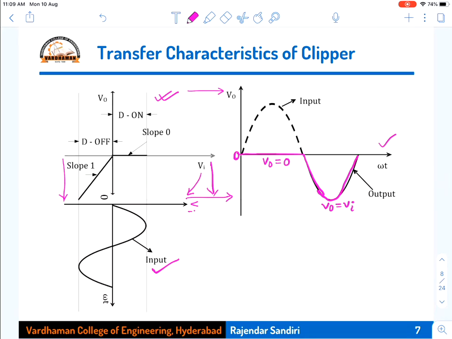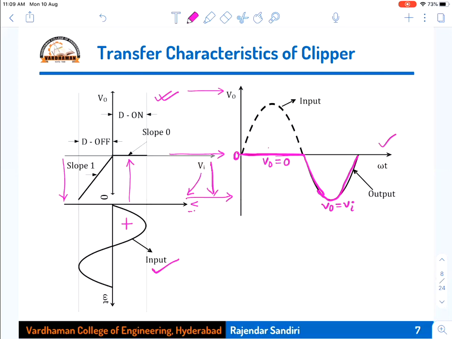Okay. Now you just see for this positive cycle, what is it that you are getting? If you see, just extend this graph. And if you see this particular portion, 0 you are getting, right?